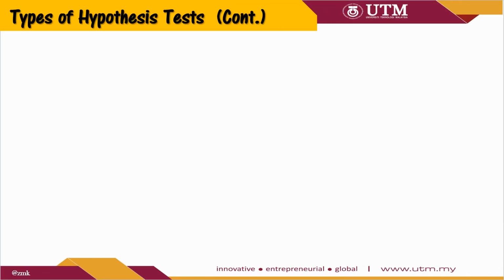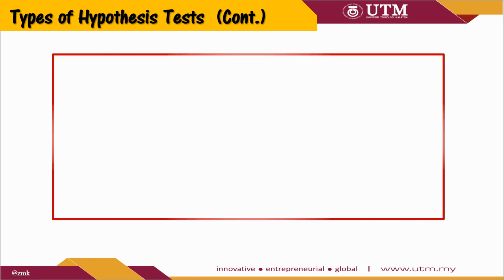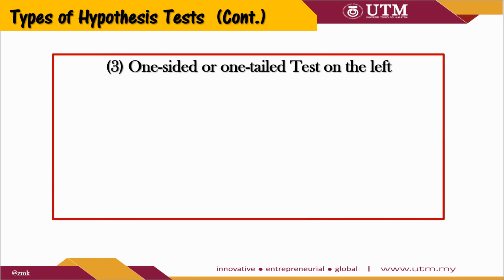This slide shows the last type of hypothesis test, which is a one-sided or one-tailed alternative hypothesis test on the left, or simply left-sided or left-tailed test. Again, we use the same generic parameter denoted by theta, which is claimed to have a value theta0.